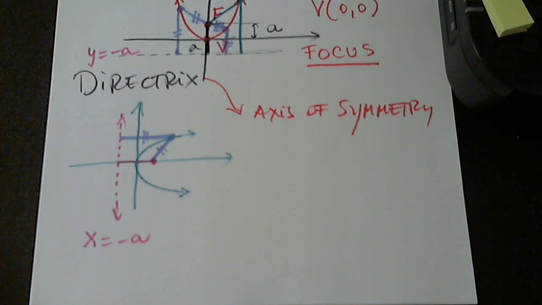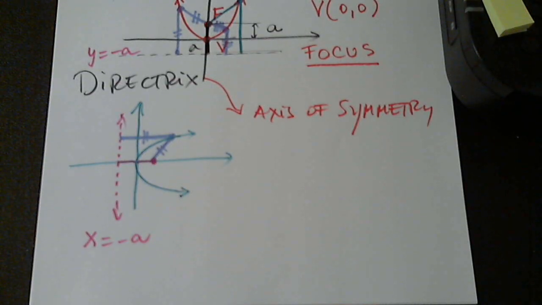Let's start with a few examples. Find the vertex, the focus, the directrix of the parabola, and graph the equation. This one is y squared equals 8x. The next one is a different story.